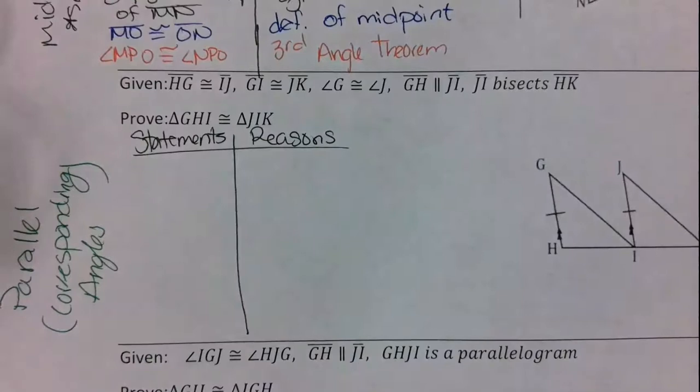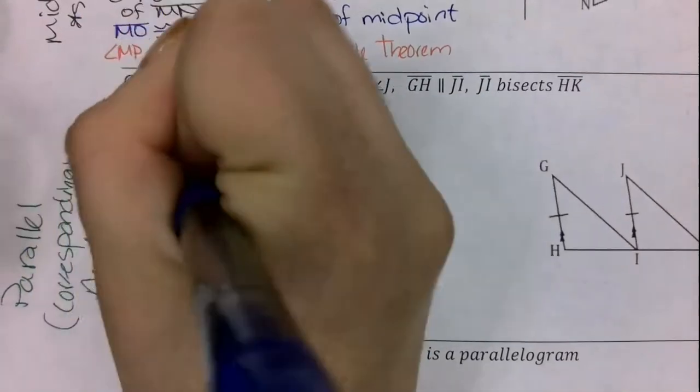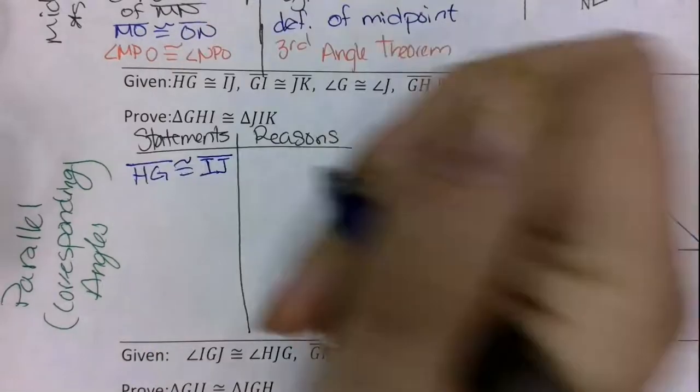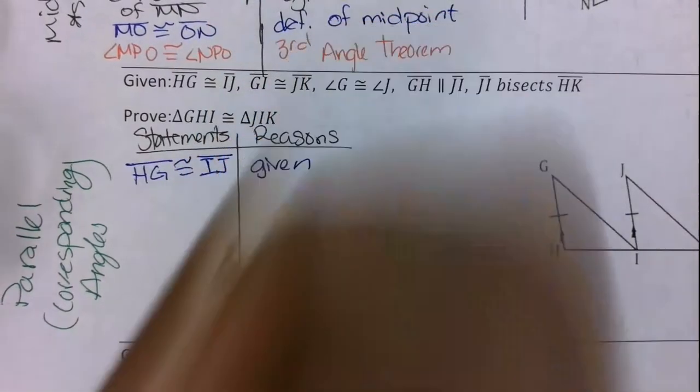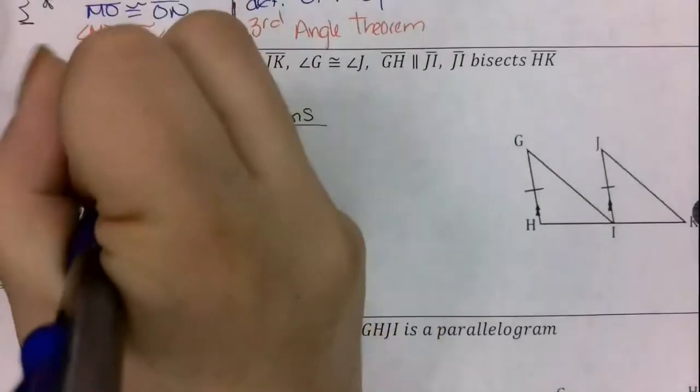So it starts off by telling me HG is congruent to JI. Oh, just kidding, IJ. Then it tells me GI is congruent to JK.